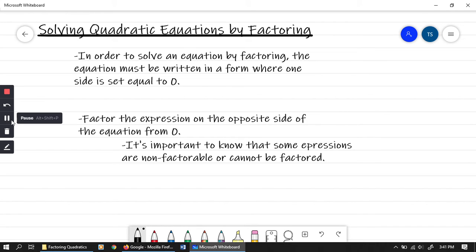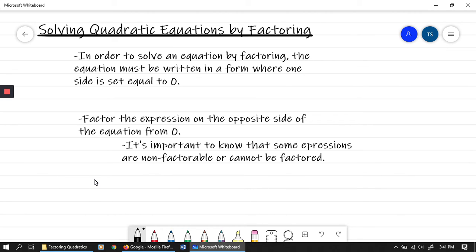So, after you have factored the expression that is on the opposite side of the equation from 0, of course, if that expression is factorable, then what you want to do is use the zero product property.